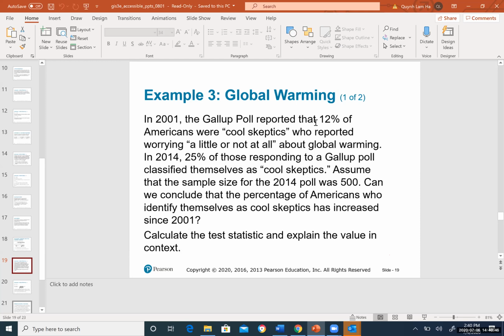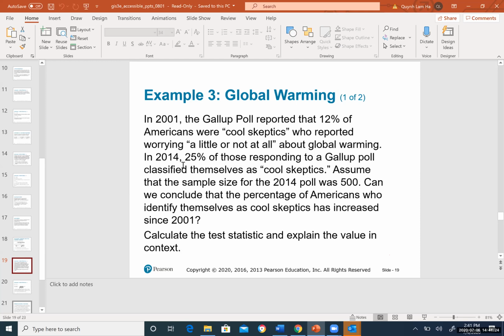I identify my null hypothesis will be H naught: P equal to 12% or 0.12. The alternative hypothesis will be HA: P greater than 0.12. And in my mind, I still have P hat. P hat is 25%, which is the observed data, 25% or 0.25. And my N is 500.